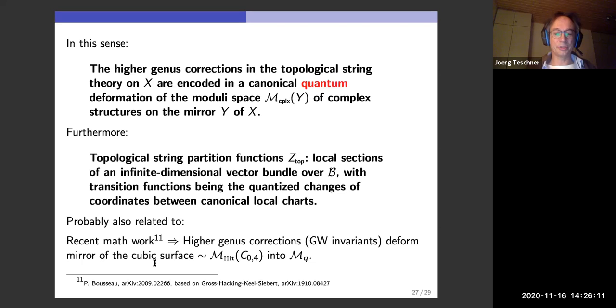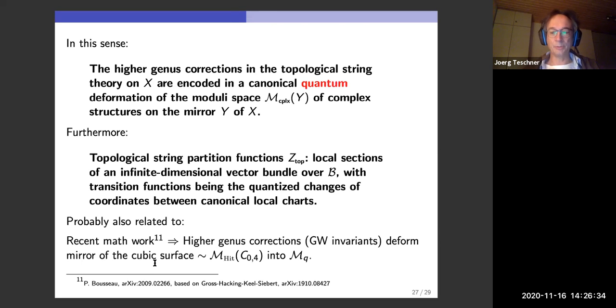Then Bousseau's story is to add the instanton corrections. And then they have these beautiful, but for me still mysterious, canonical coordinates on the moduli space, given by the so-called theta functions. And he ends up giving a generators and relations description for this.